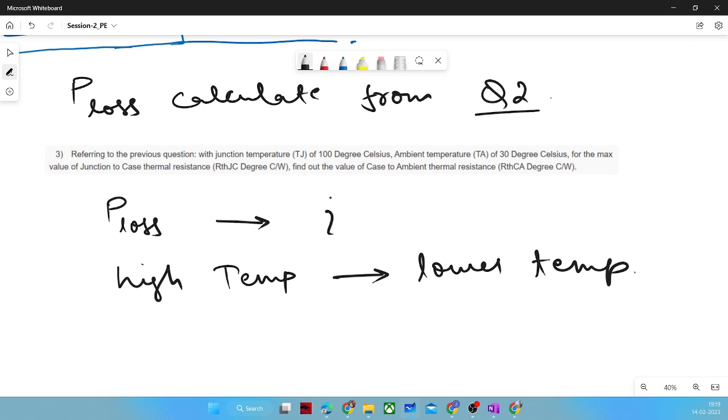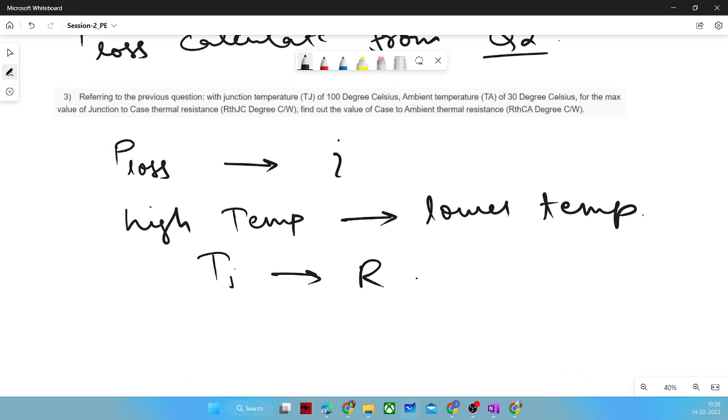So these temperatures are modeled as voltage, and the thermal resistances are modeled as resistors, because these temperatures are at any two points, and heat flows from higher temperature to lower temperature.